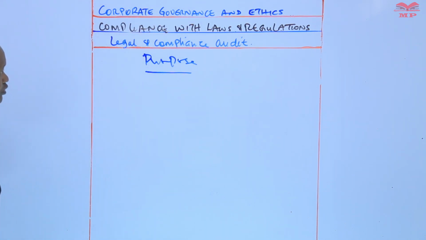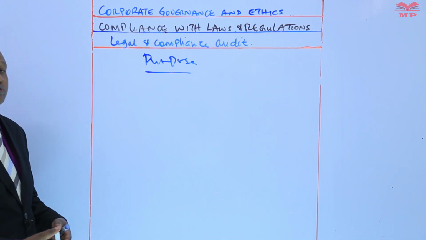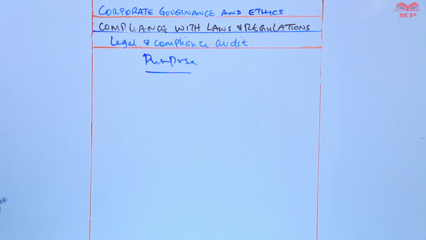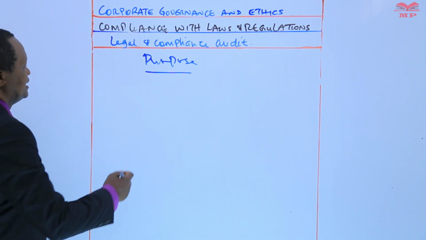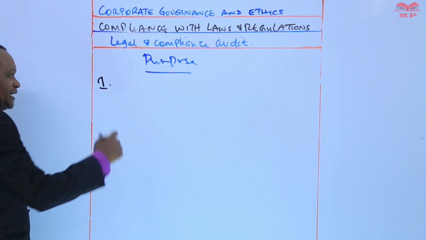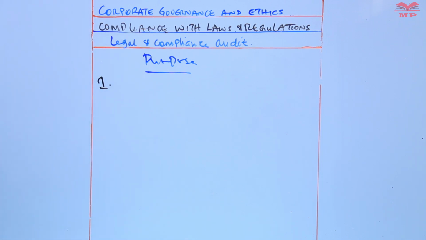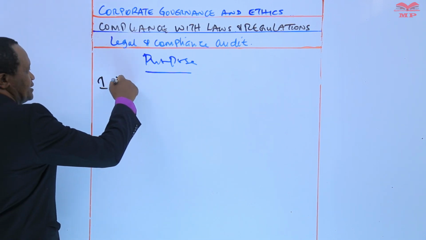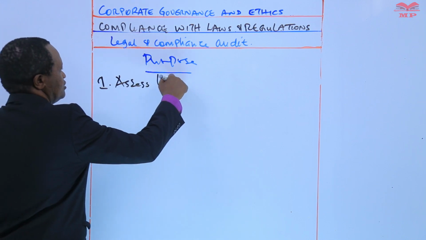Now that you've understood the meaning of legal and compliance audit, what do you think is the purpose for conducting such an independent review or an independent examination of a company's adherence to applicable laws, regulations, industry standards, and internal policies? One is to assess compliance, to assess legal compliance.